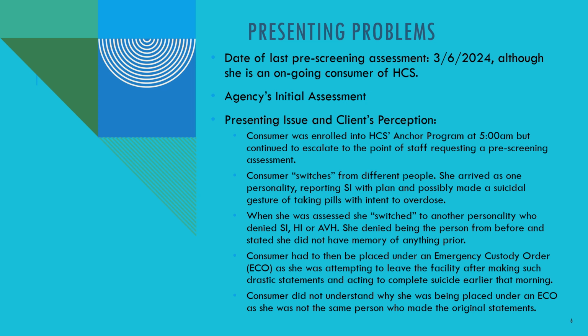Whenever we did the pre-screen, she made the statement like that was one of the other ladies, that was one of the other girls, that wasn't me. But she was disoriented to person, place, and time. She did lack capacity.